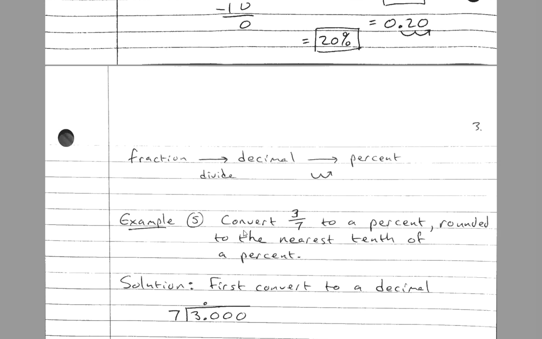Example 5: convert 3/7 to a percent, rounded to the nearest tenth of a percent. We have a fraction, so we're going to use this plan.